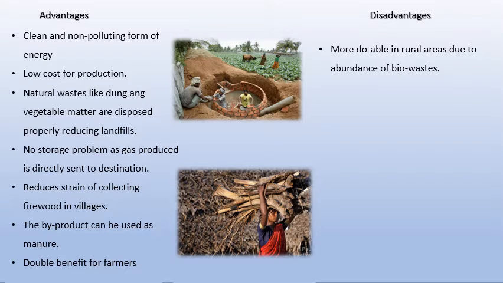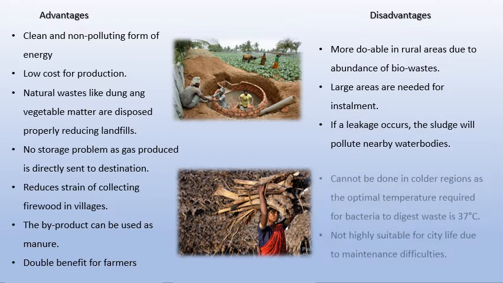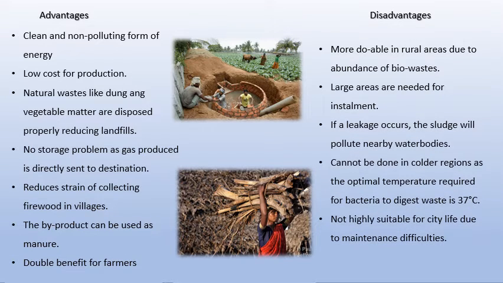It is more doable in rural areas where there's an abundance of bio waste. There's not an abundance of bio waste if you go to a city like Mumbai or Delhi compared to a rural place. So that's a very big disadvantage. Large areas are needed for installation. It's not a large amount of money that they're talking about.